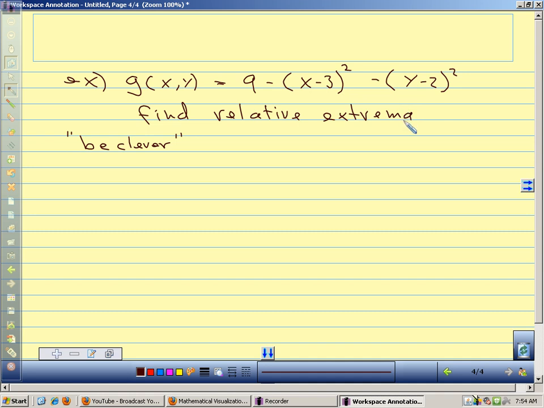So our maximum is going to be 9. So that's going to be our extrema. So we have a maximum: g of x, y equals g of 3, 2, and that's going to be 9.